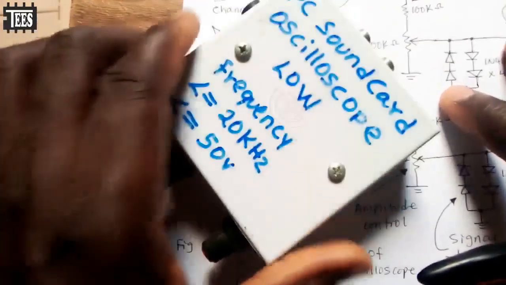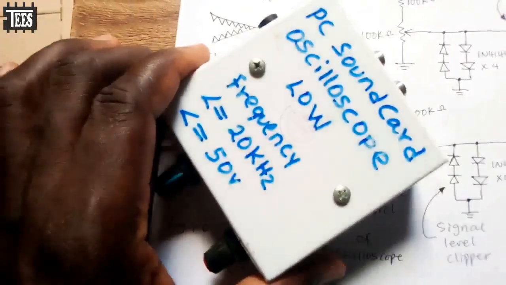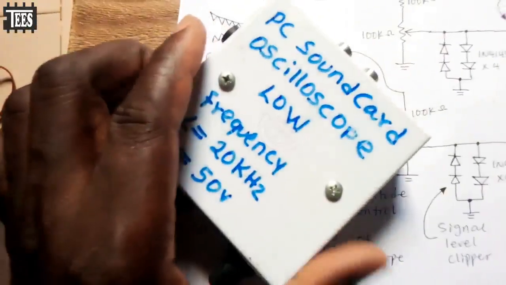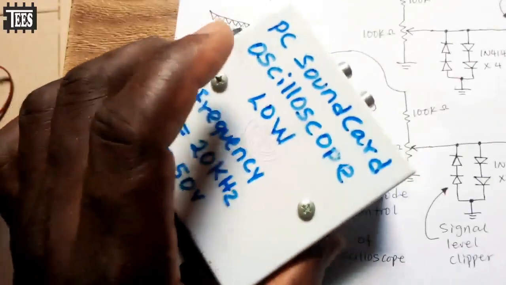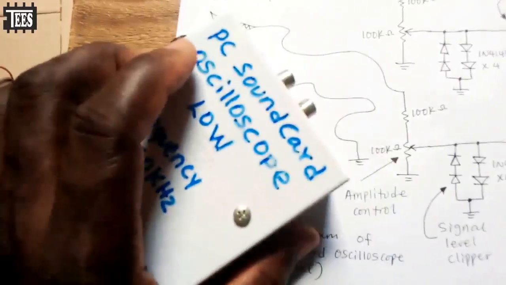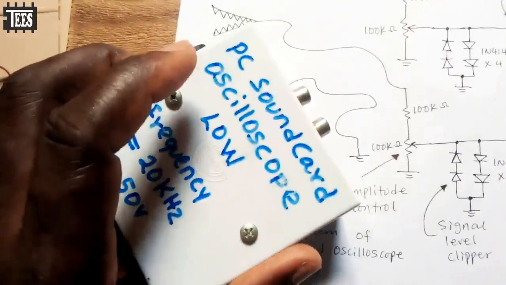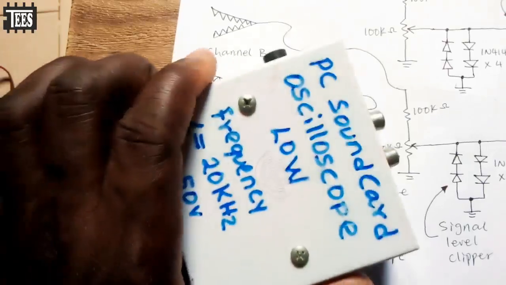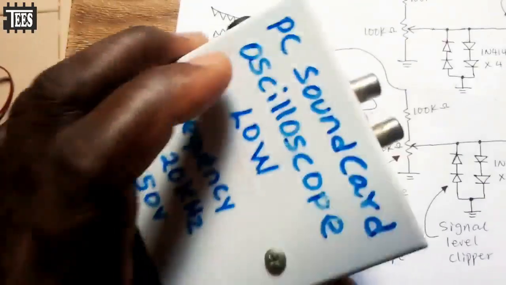I use this for calibrating the oscillator of my inverter to 50 hertz, so that I can also see the waveform the oscillator is generating. Is it a square wave, a sine wave, a modified sine wave or a modified square wave? Is it a triangular wave? Whatever waveform you want to view.